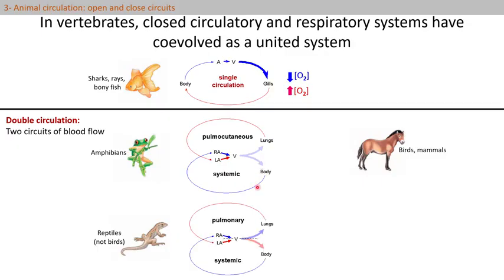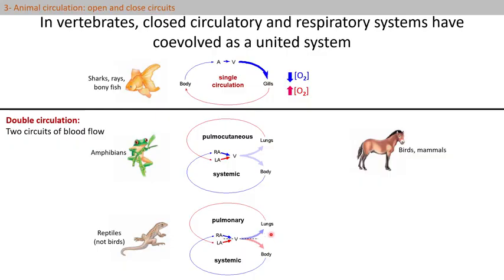So then you have reptiles. In reptiles, the design is the same, right? You have lungs and a body. You have 2 atria, 1 ventricle. However, you separate now pulmonary and systemic circulation with a separation within the ventricle.